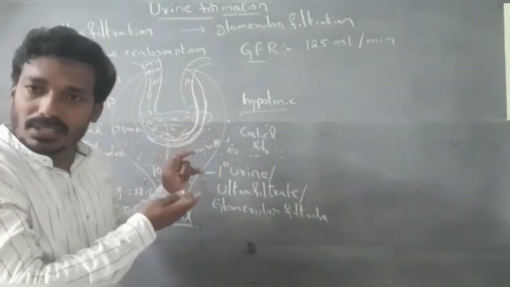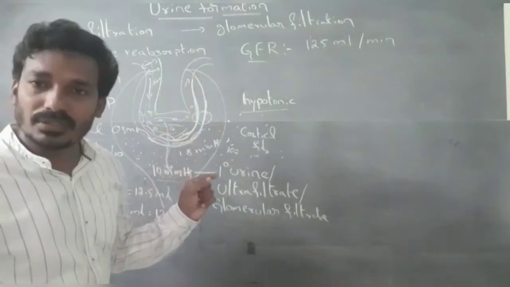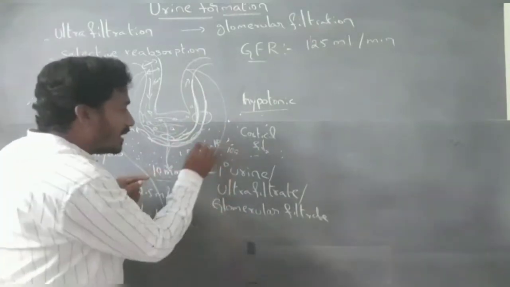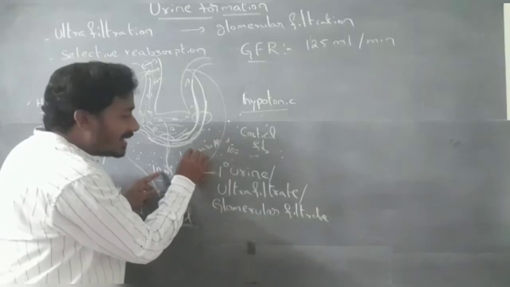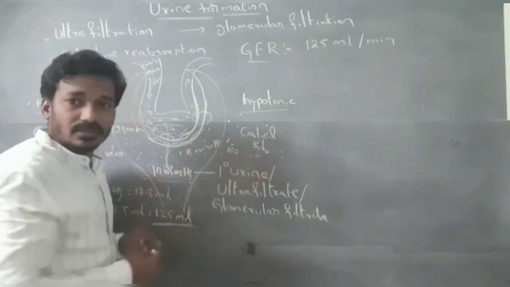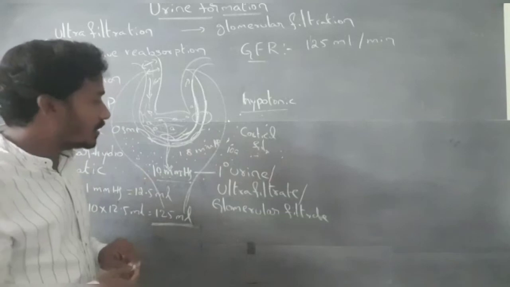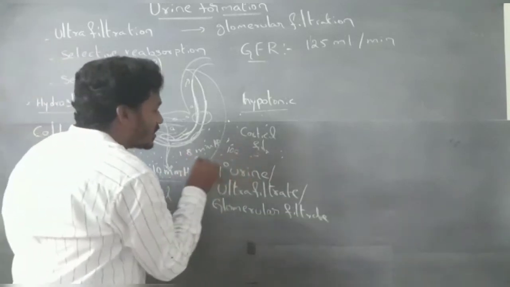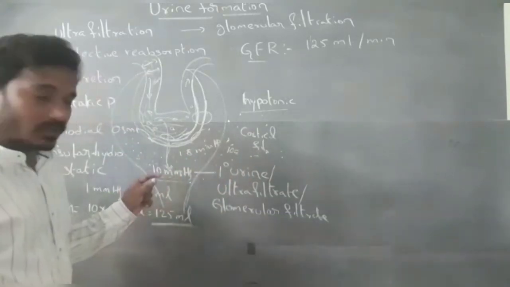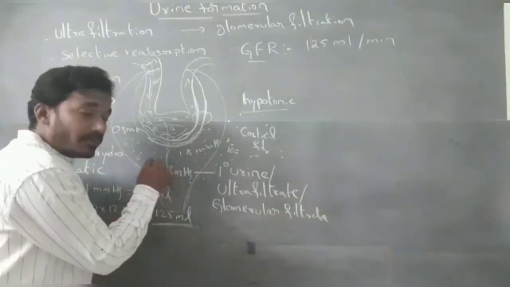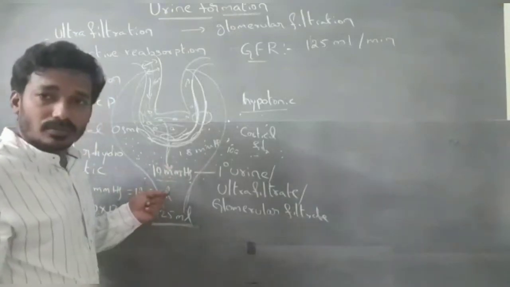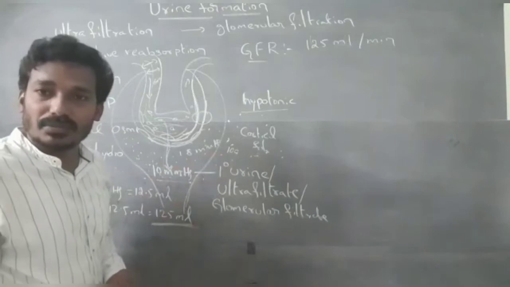The cortex contains some fluid, called cortical fluid. Primary urine is hypotonic to the cortical fluid, meaning the concentration of primary urine is low compared with cortical fluid.